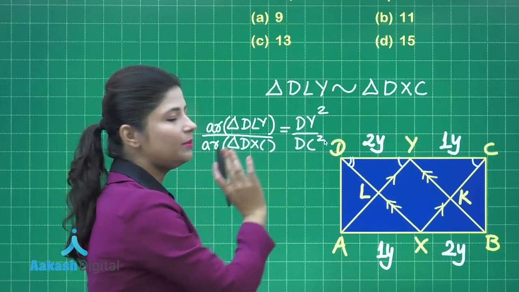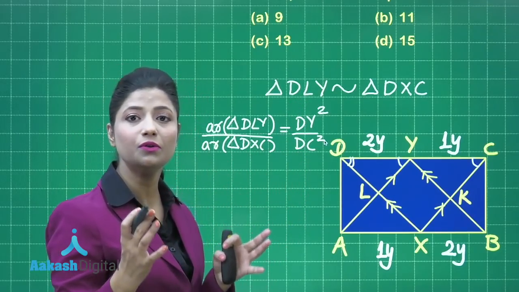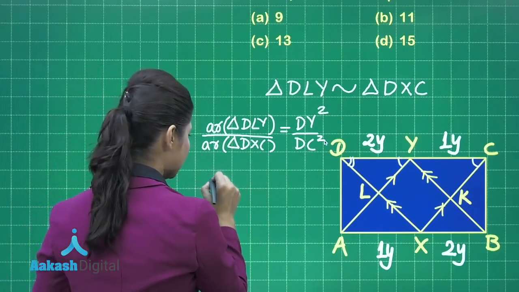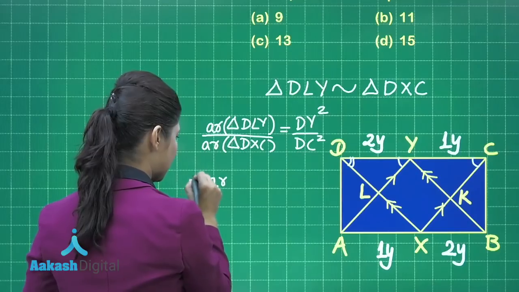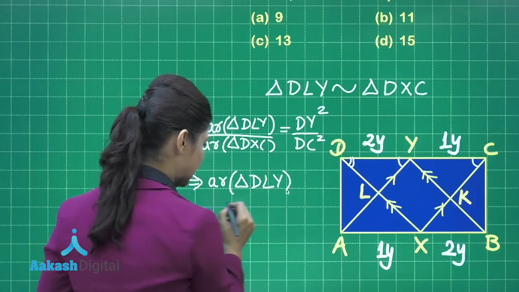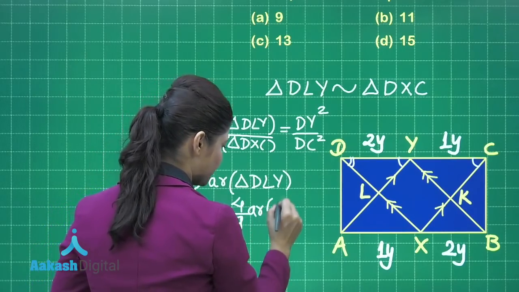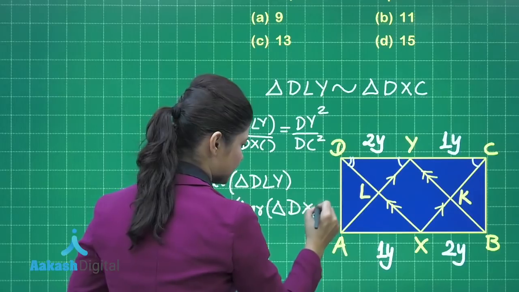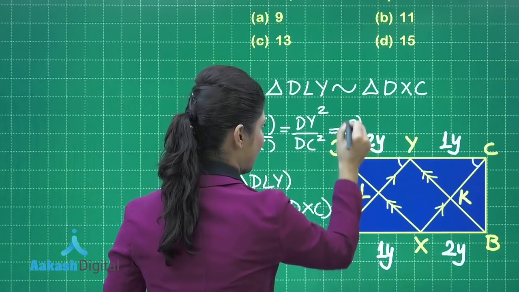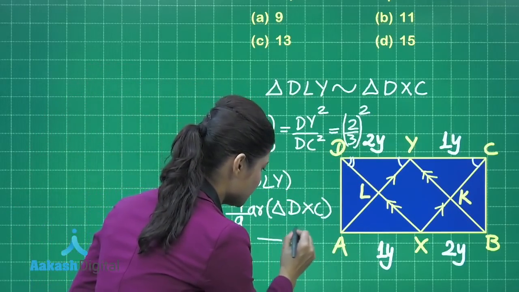So their ratio will be equal to 2 upon 3, where the square of that will be equal to 4 by 9. So when I transpose DXC to the other side, it helps me to obtain the relationship that area of triangle DLY will be equal to 4 upon 9 times area of triangle DXC, because this ratio is 2 upon 3 and the square of that. Now this is obtained. Let's consider this to be equation number 1.